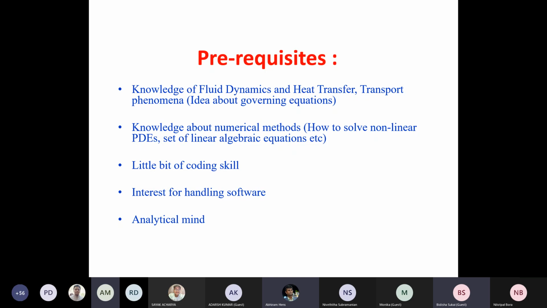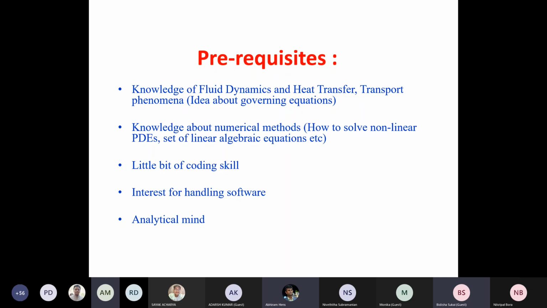We encounter these in the form of different dimensionless numbers, like in heat transfer the Dittus-Boelter equation and Sieder-Tate equation, and in fluid mechanics the Blasius equation and the Ergun equation. There are so many equations which are empirical in nature.